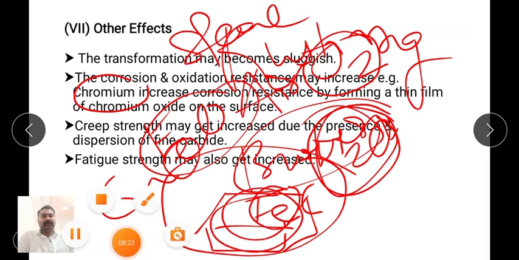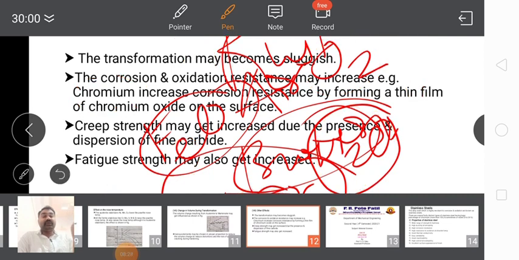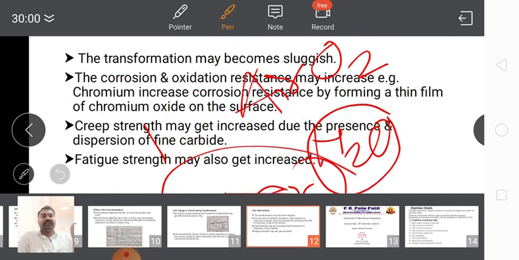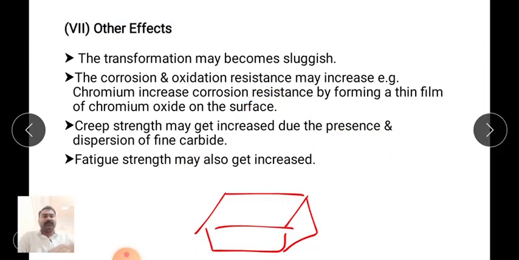Understood? Okay, it will form a thin layer of chromium oxide on the surface of the iron. By this way the rusting of the iron will be prevented.